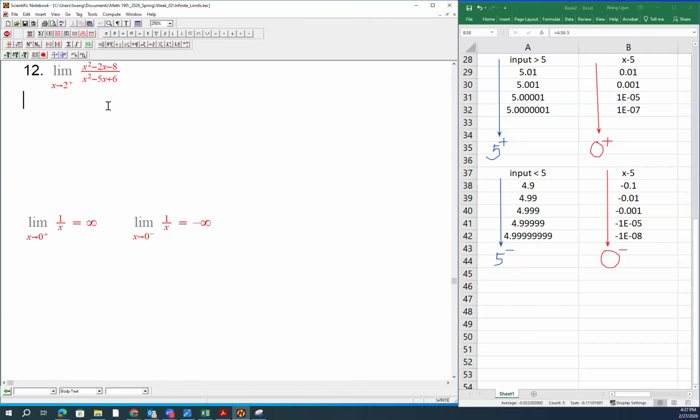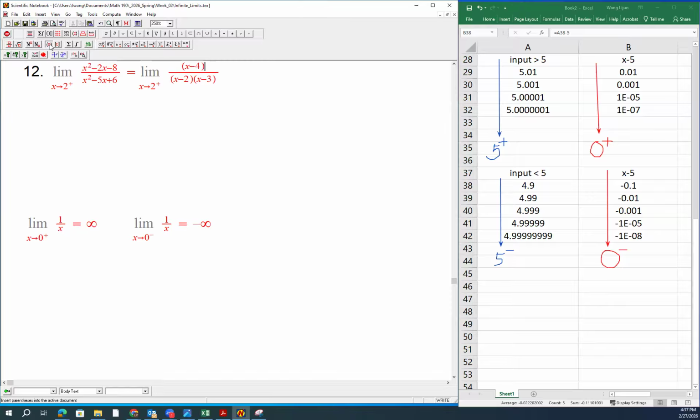And now for this question, of course, we're going to do factor again. To do the factor, you can factor any way you wish to, but you should get the same factors. Okay, the top is going to be x minus 4 times x plus 2.